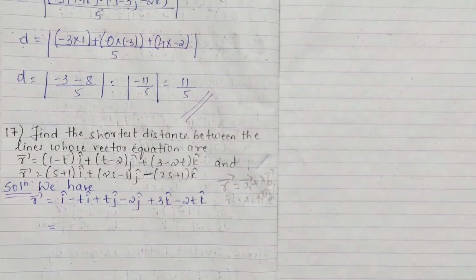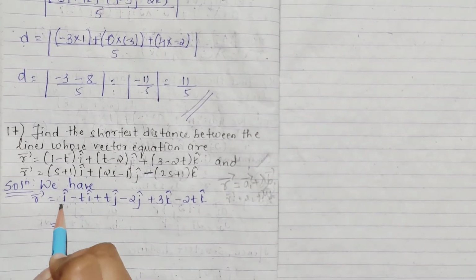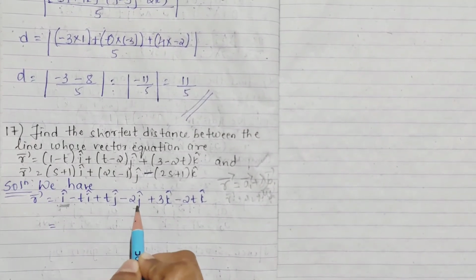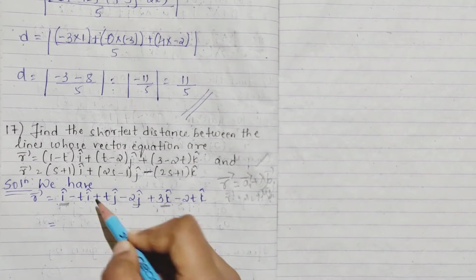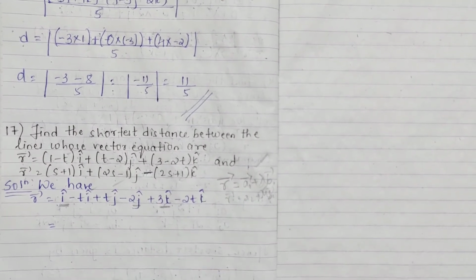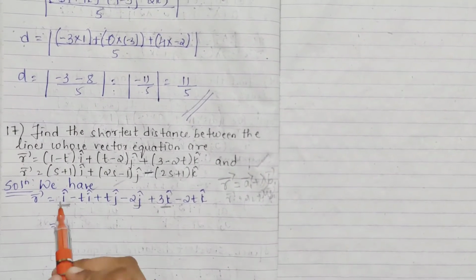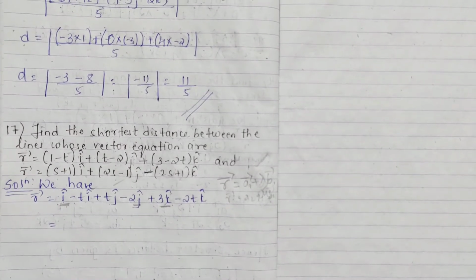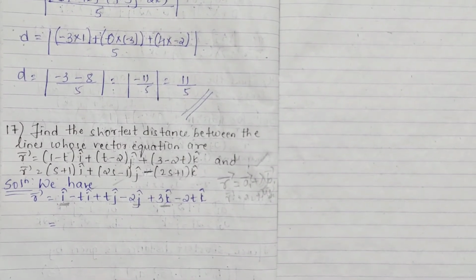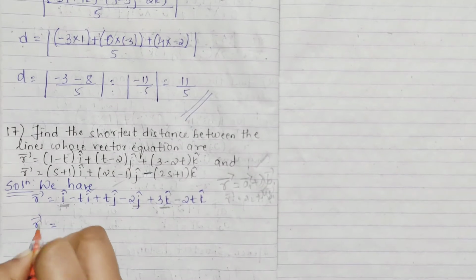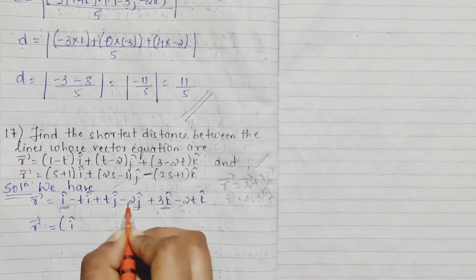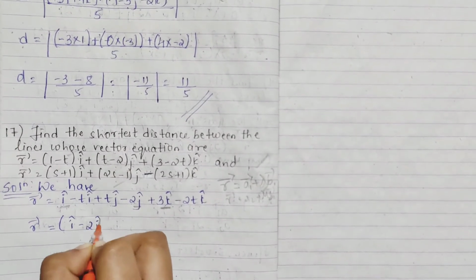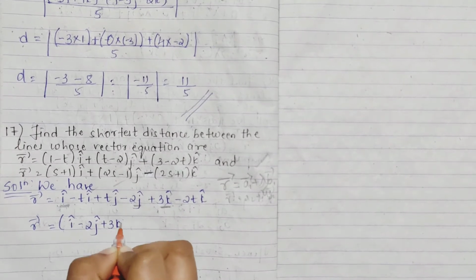Now what we will do, the terms which are without t we will group, and which are with t we will group, okay. So what you will get is i cap minus 2 j cap plus 3 k cap, right? So vector r you will get i cap minus 2 j cap plus 3 k cap.